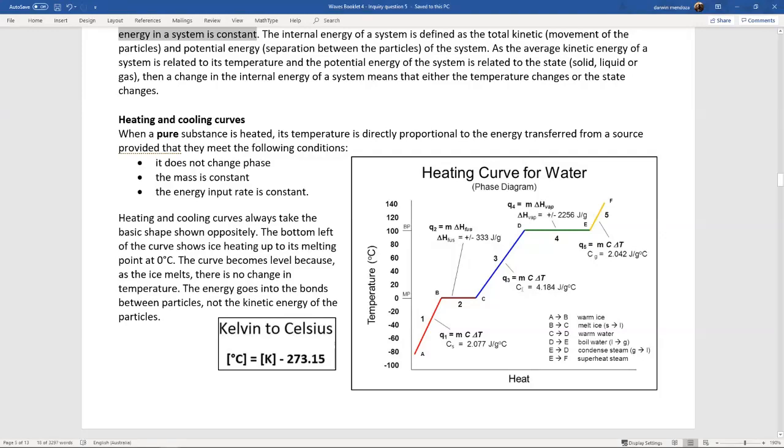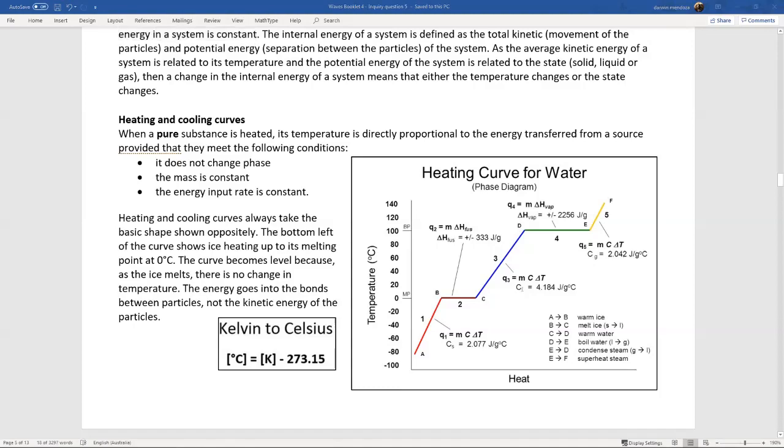Yeah, from E to D, it's going backwards. So you can see the gas that is flying up here is starting to be cooled down. Energy is being taken away from it, and it's becoming water again. But from E to F, you've got superheated steam, and that's what's happening there. So these are what we call heating and cooling curves.